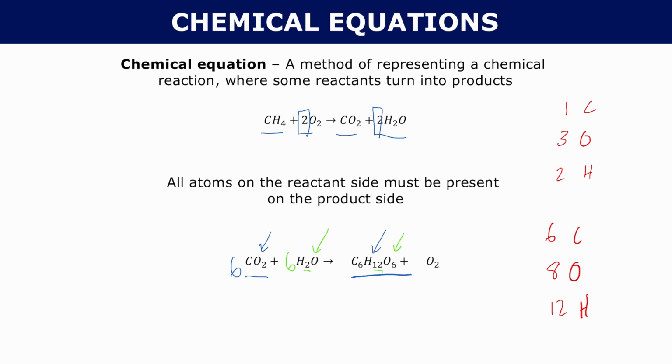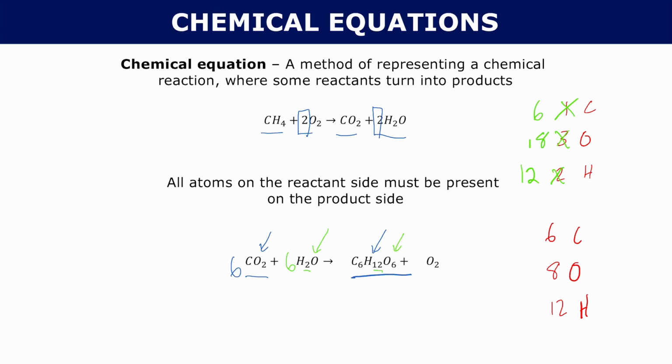So now let's do another tally of what we have so far. So on the left-hand side, instead of having 1 carbon, we have 6 carbon. And instead of having 3 oxygens, we have 18 oxygens. And instead of having 2 hydrogens, we now have 12 hydrogens. Let's do the same thing on the right-hand side.